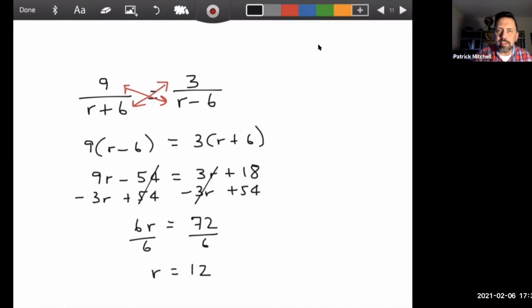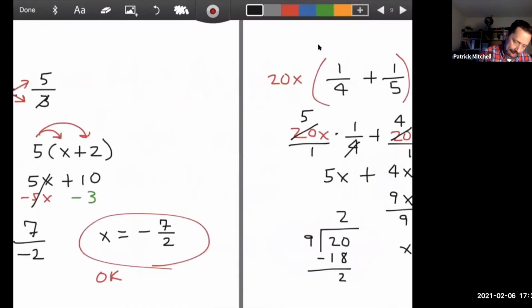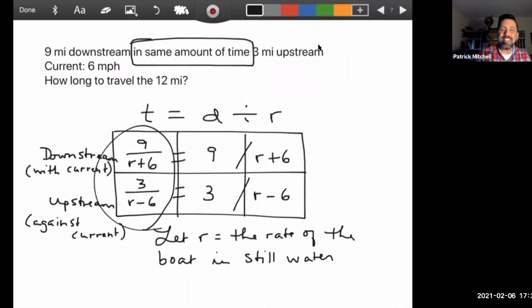That kind of sounds like an ending, doesn't it? Well, whenever you're solving a word problem, you had better make sure that you are answering the question that they asked, which in this case is how long does it take to travel the 12 miles? What we figured out is that the rate of the boat in still water is 12 miles per hour, right? So that's not quite what they asked for, but we're almost there.